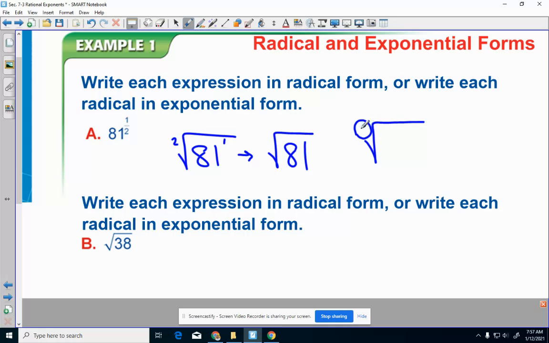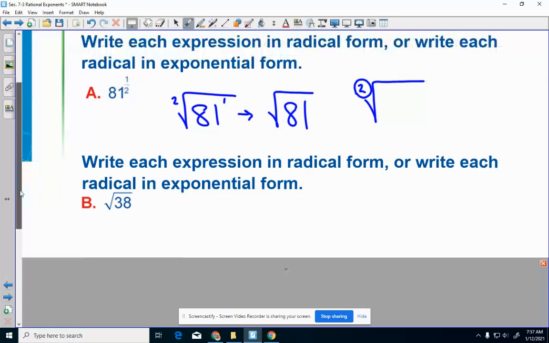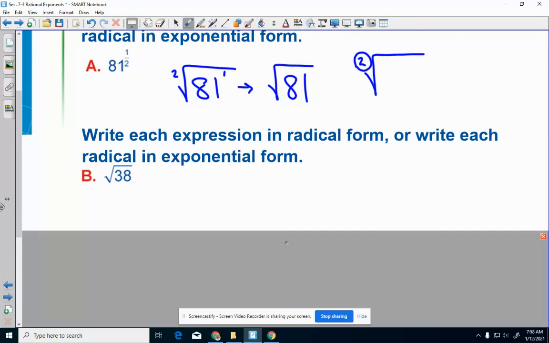When we don't write it, it's understood to be a 2, and therefore it's most commonly known as a square root. If we look at this one in reverse, if we don't see a number there, there's actually a little 2 right there, and if we don't see a power, there's a little 1 right there. So this is really the same as 38 to the 1/2 power.